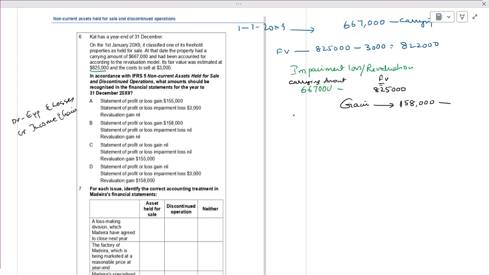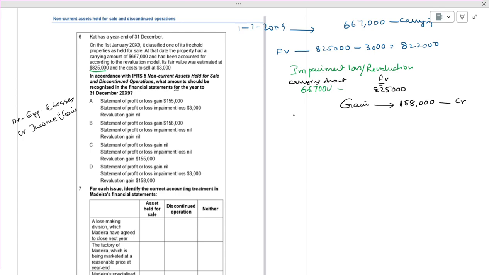What they are saying is, in accordance with IFRS 10, what amount should be recognized in the financial statement for the year? Credit is how much? Gain will always be credit, and it is 158.